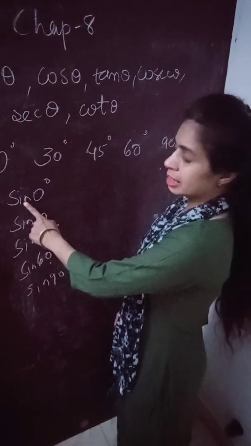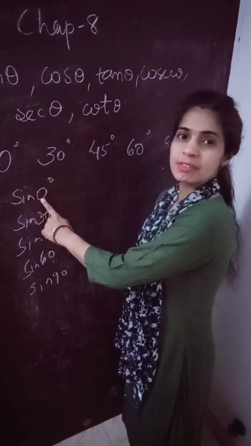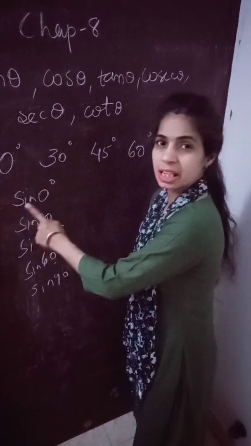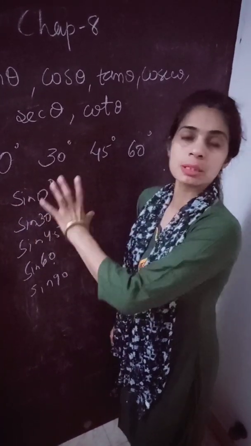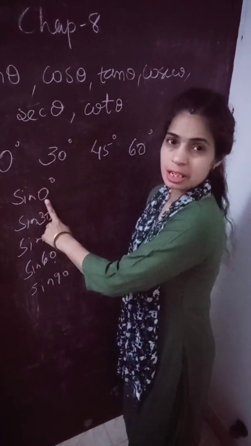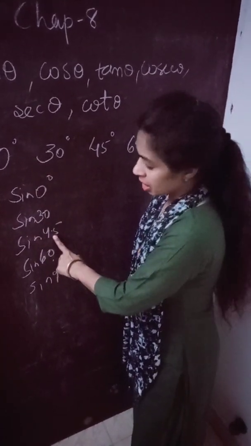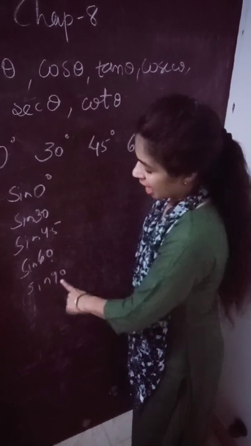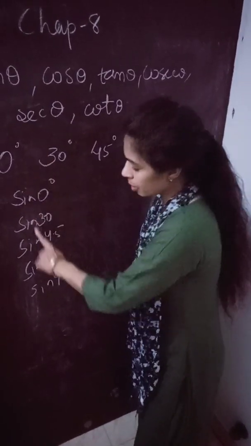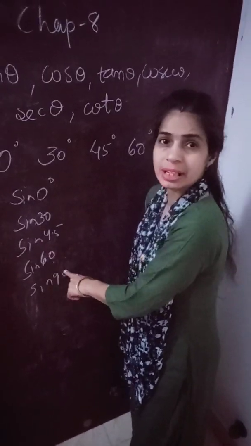In the last class we were just having sin theta, sin A, sin B. Here it is specifically 0 degree, 30 degree, 45 degree, 60 degree and 90 degree. You must have noticed we are talking about only these 5 angles. We are not talking about any other angle.